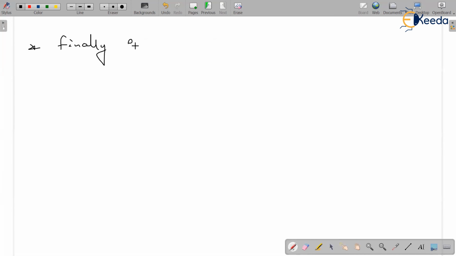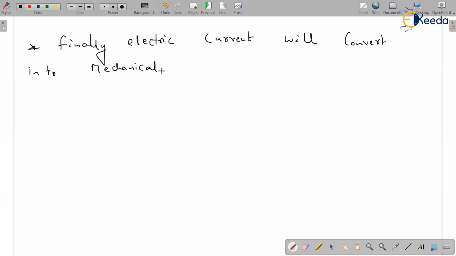Finally, electric current will convert into mechanical force and the pointer starts rotating.